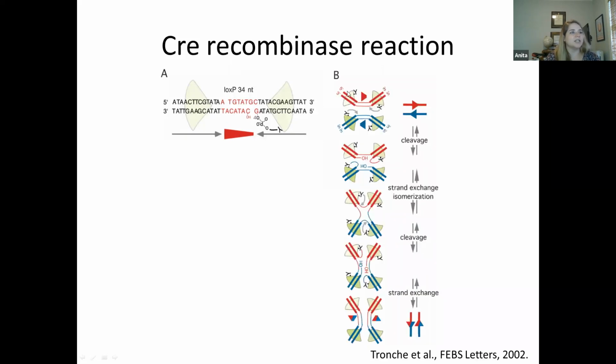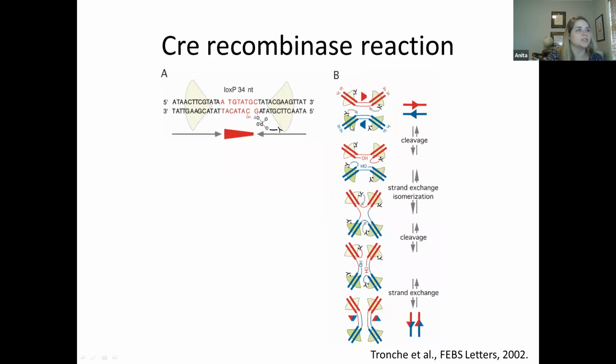And so here again, this is basically a similar diagram to what I just showed you, but in the case of Cre recombinase, you're having binding of the enzyme on this side of the LOXP site and this. So you have two Cre binding sites on each LOXP site.